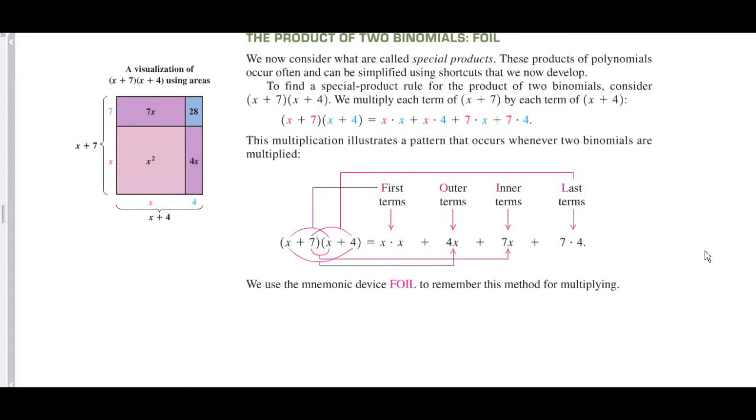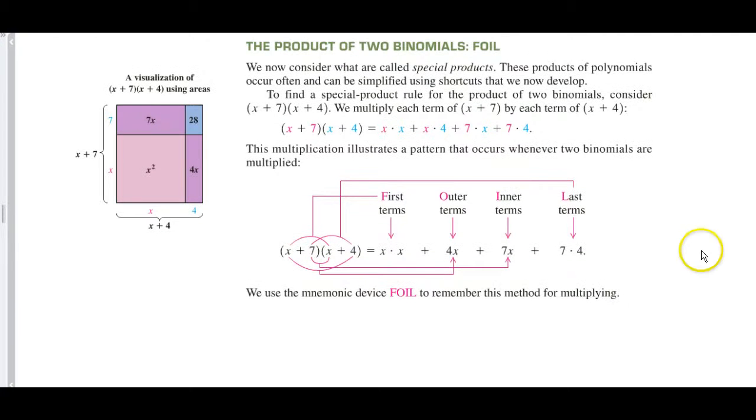And now we're going to take a look at that special way of multiplying, which is called the FOIL. And basically what it means is as you set up your two binomials, the x here and the x here are the first terms in the parenthesis.